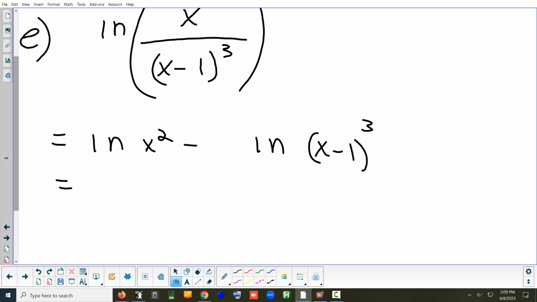All right, now we just have to fix both of those. How would we fix the first one so that the exponent is a factor and not an exponent? Yep, and how would you write it? In front of the ln. So it would be 2 ln x.